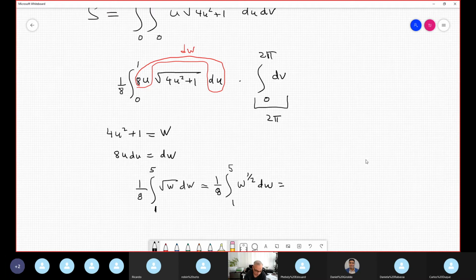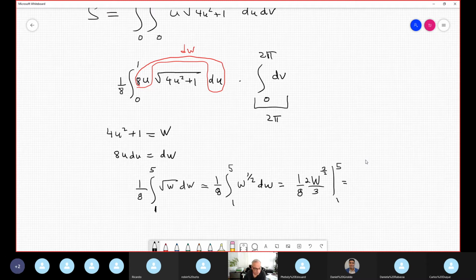Now you apply the power rule. The power rule says, okay, this is 1 over 8. The exponent increasing by 1 is 3 half, 3 half divided by 3 half gives the same as multiplying by 2/3. And evaluate between 1 and 5.